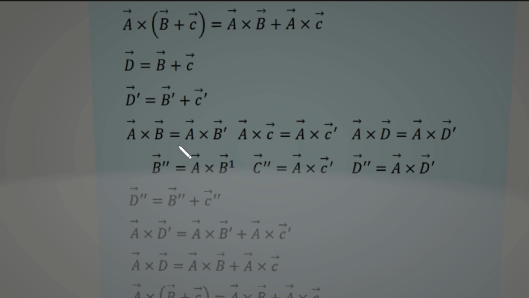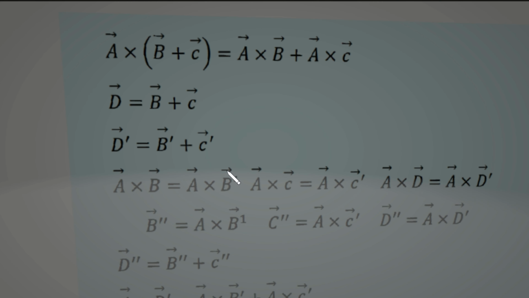The same thing we can write as A bar cross B prime bar. Here A bar cross B prime bar is nothing but AB sin theta, because B prime bar is nothing but B sin theta, and the angle between A bar and B prime bar is 90 degrees.